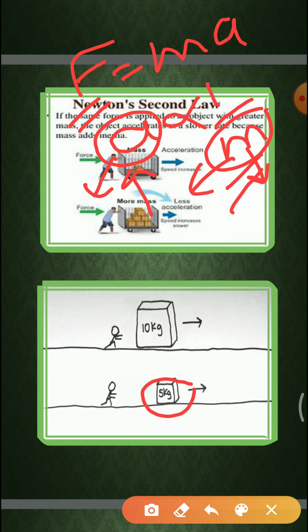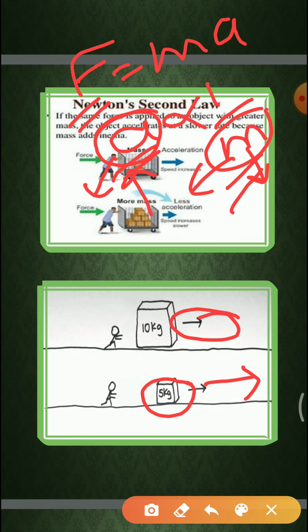The 5 kg mass goes longer than the 10 kg mass because the 10 kg mass has greater mass, therefore its acceleration rate is lower.